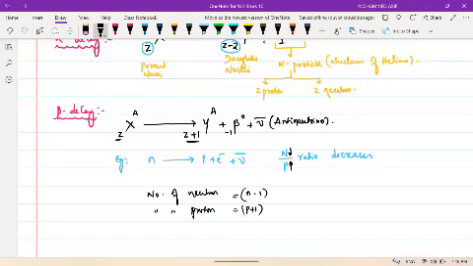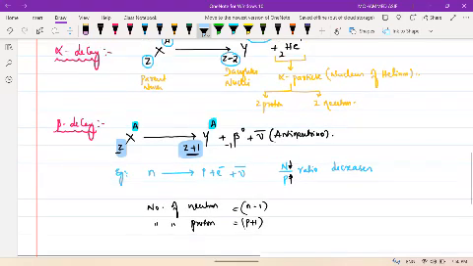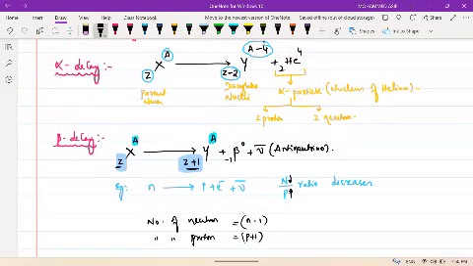So in beta decay, what is happening to the atomic number? Atomic number is increasing by 1, and mass number remains the same. This is A, this is also A. Neutron is being converted into proton in beta minus decay. You can write that in the bracket: beta minus decay.